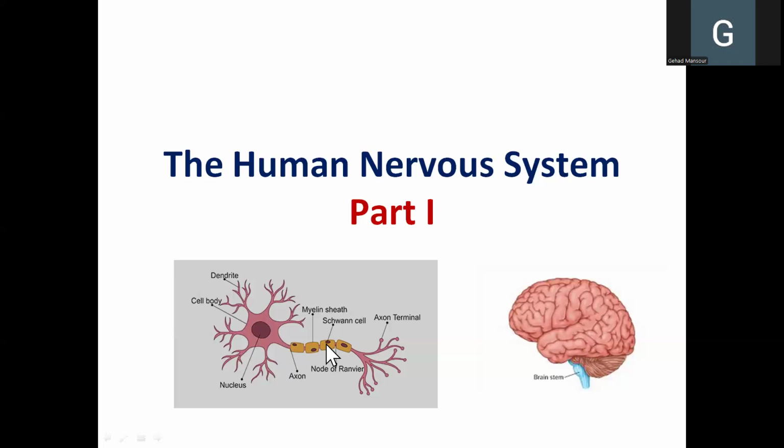De-differentiate means that it will return undifferentiated, and it will start dividing to form a sheet of cells that joins the two cut ends of the axon, but of course, provided that the two ends of the axons are close enough to each other.